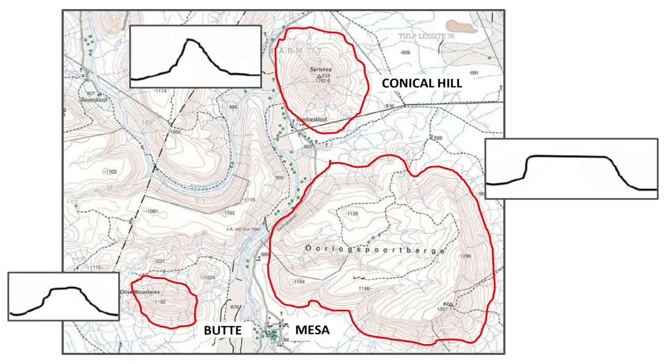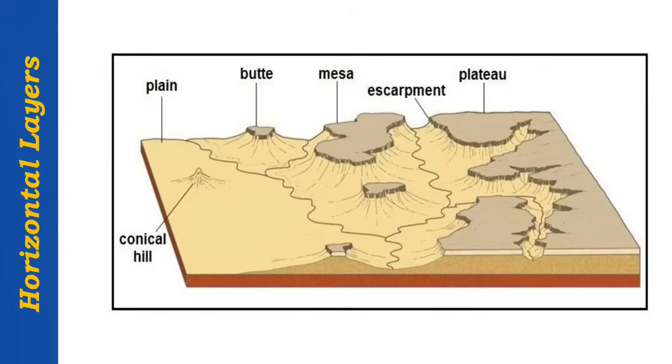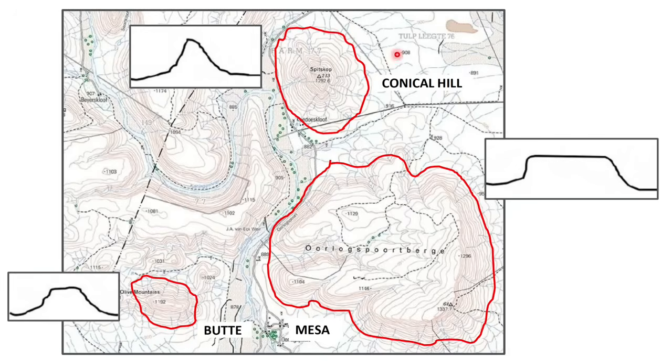So on this map, I have indicated 3 features. A conical hill, that is the drawing over here. Let me just put my laser pointer on. So over here we have the sketch of a conical hill.